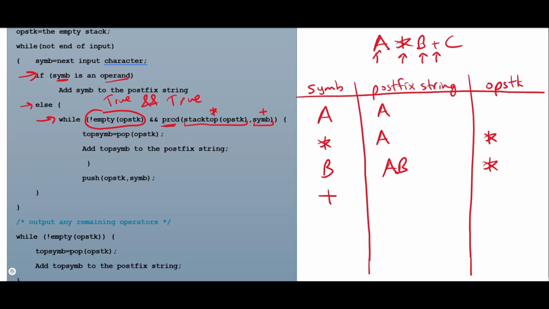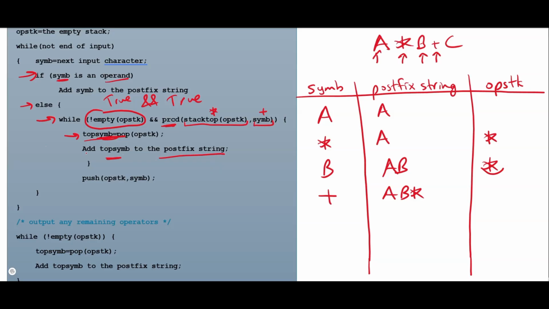Now I will enter the loop body. Since the priority is higher, I am going to pop it and add it to my postfix string, because multiplication comes first. Therefore, I pop it, then I add the popped item to my postfix string. So I will pop this, AB multiplication, and my stack is empty now.